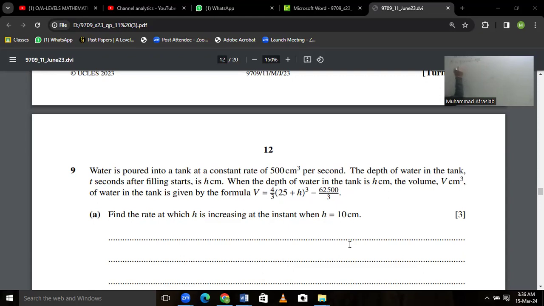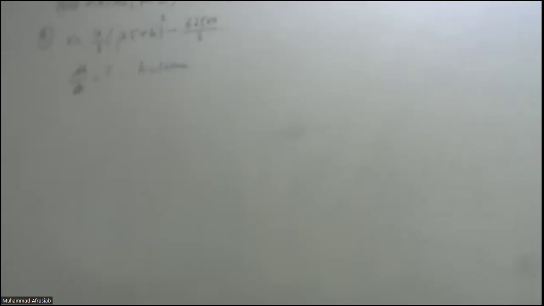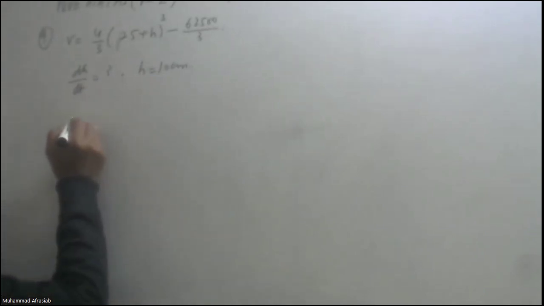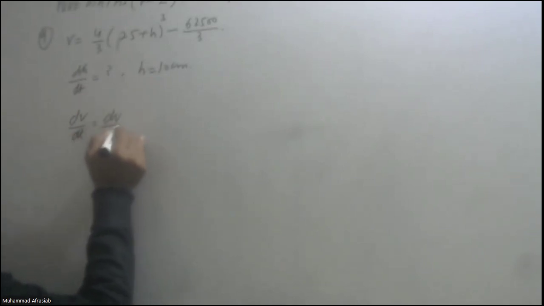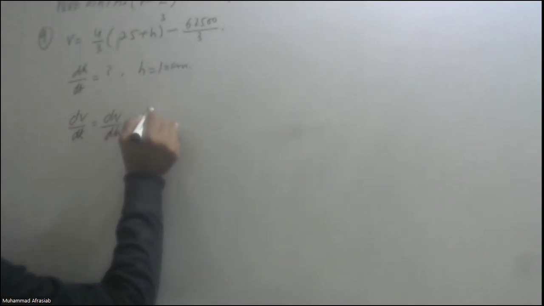You are going to find the rate of increase of this height when h is equal to 10 centimeters. Since it is the rate of change, dV by dt is basically equal to dV by dh into dh by dt.